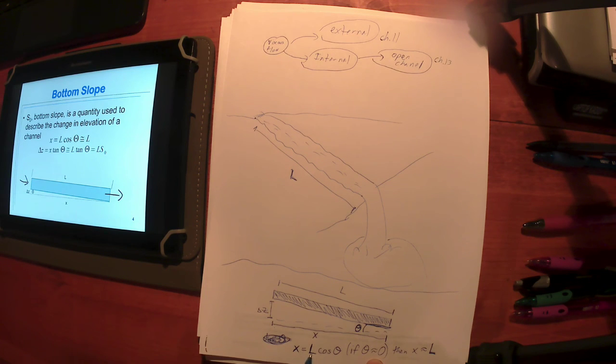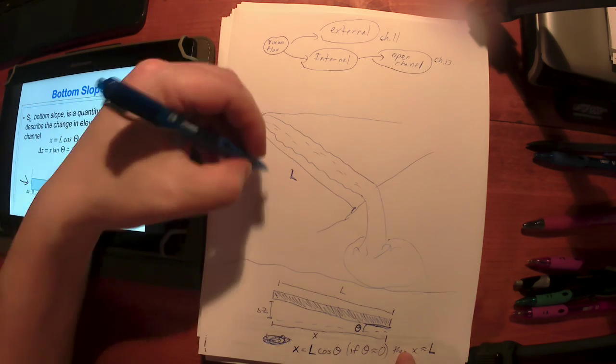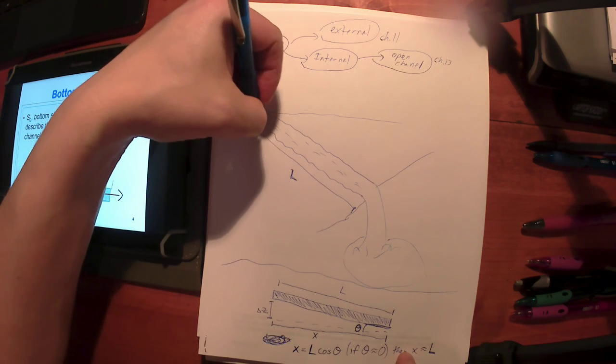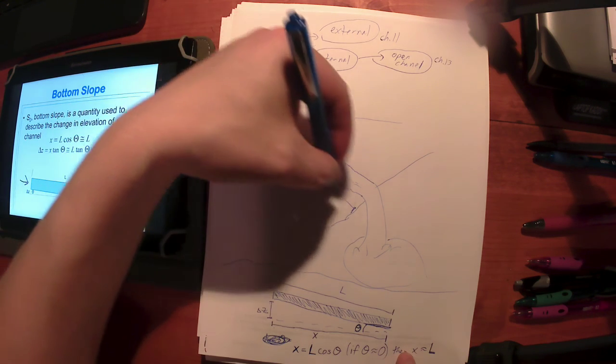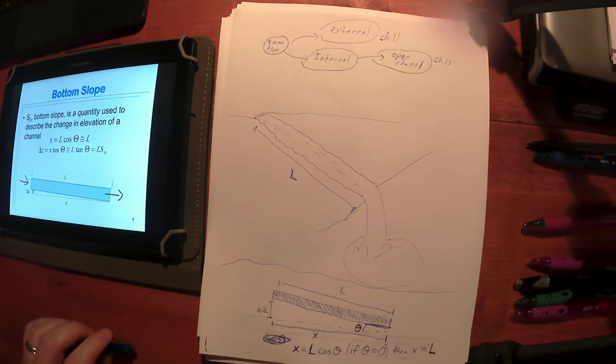This is x equals L times 1. So what we're saying is, as long as theta is really small, this x, which is really hard to go up next to a stream bed here and measure, we'd have to dig into the ground at an elevation right here and then try to put a tape measure across level. That's my timer. I'll have to pick up there on the next video.